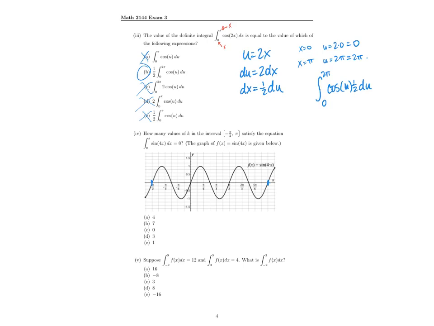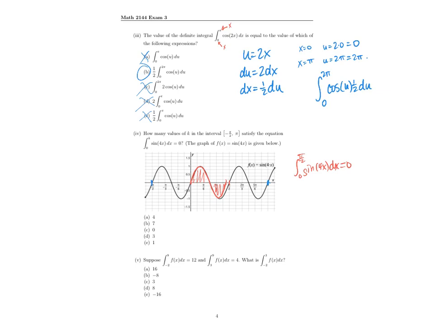Okay, so let's see here. The graph of sine of 4x is given below. Okay, so if I'm integrating starting at 0 and going to pi over 2, I know the integral from 0 to pi over 2 of sine of 4x dx will be 0 because that's this integral, and this part and that part are going to add to 0.